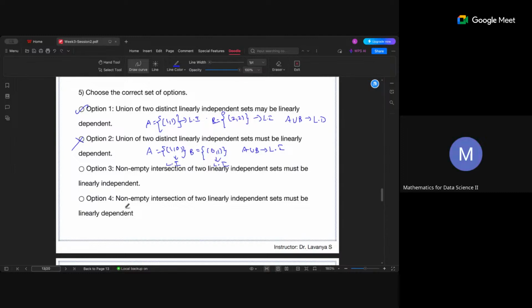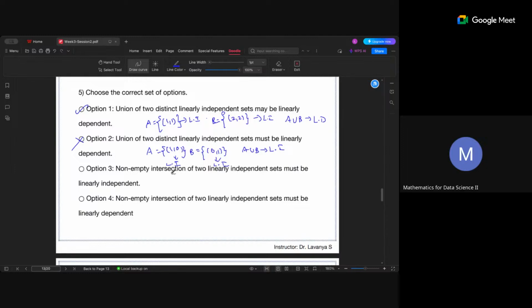Think again carefully. Intersection means it is a subset of a linearly independent set. It has to be a non-empty intersection, so there will be at least one vector, and it has to be linearly independent.